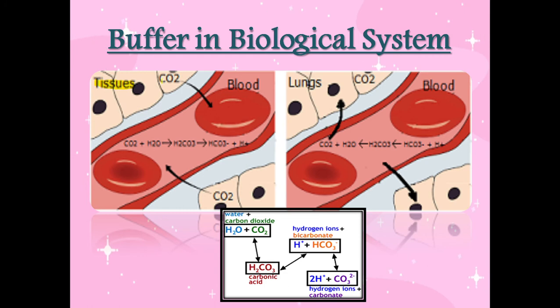Your tissues release CO2 into the blood in your RBCs, and your blood also has some amount of water in it. This carbon dioxide combines with water to produce the bicarbonate ion, which on dissociation deprotonates and releases a hydrogen ion. So this is happening at the tissue level.